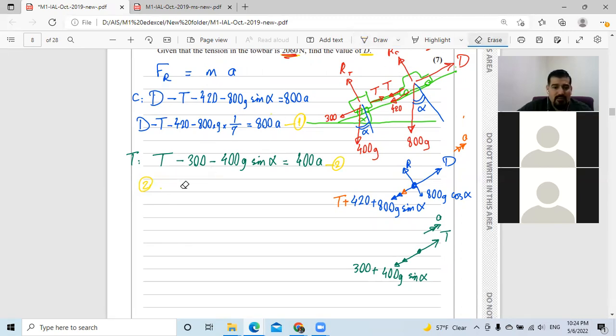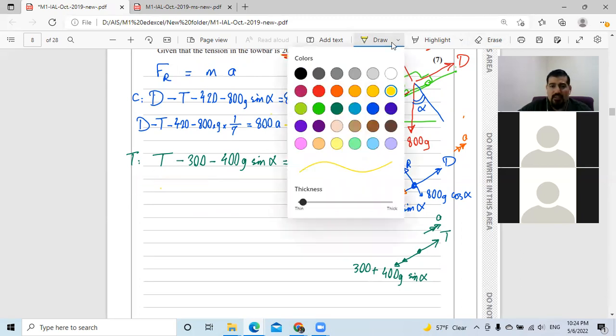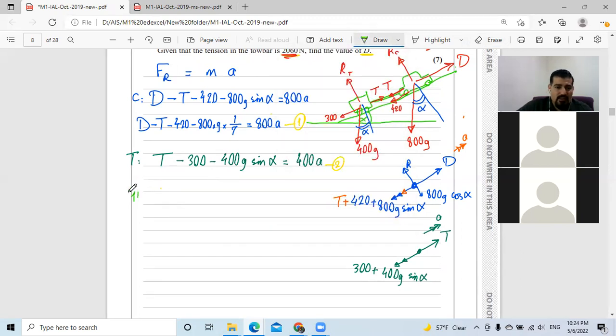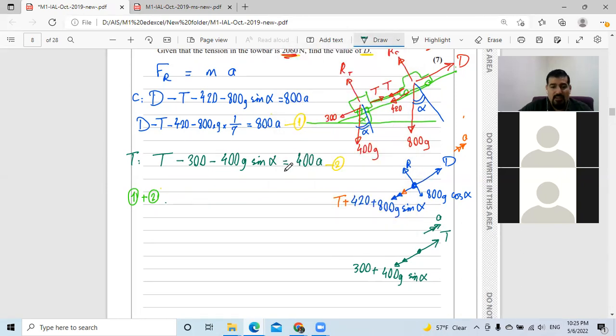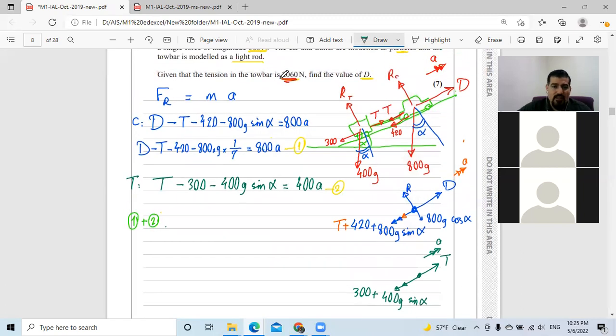I'm going to write first equation plus second equation together to find the relationship between D and A. And I know that the tension here is 2060, so I can do whatever I want.